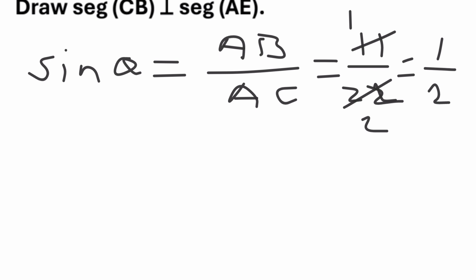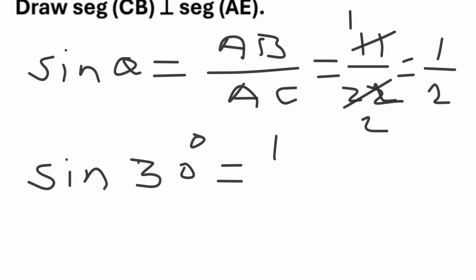Now from the table, which sin has a value 1 upon 2? From the table, sin 30 degree is equal to 1 upon 2. Suppose this is equation number 1 and this is equation number 2.